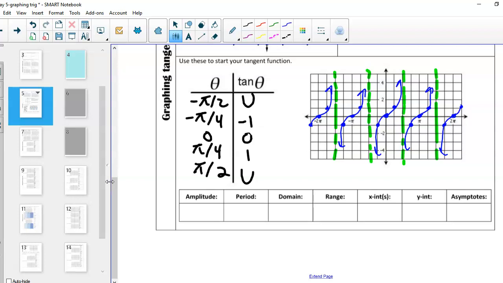Yes, so they're all just the same. You're just repeating the same thing over and over again. So that's why it's periodic, because it repeats itself, but it's not sinusoidal because it doesn't do that.